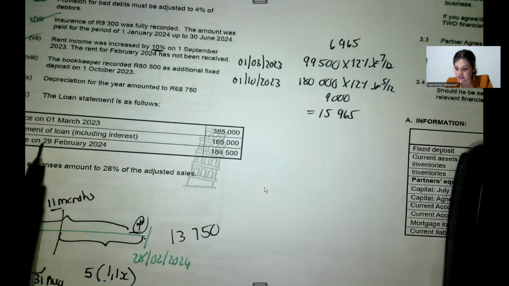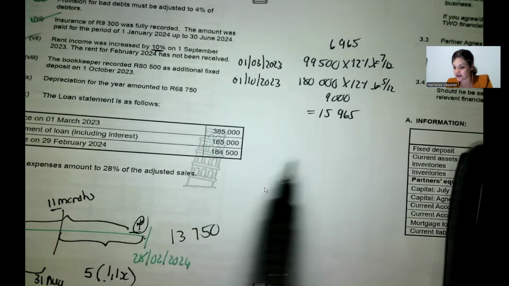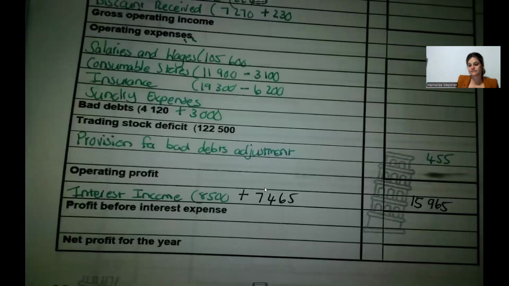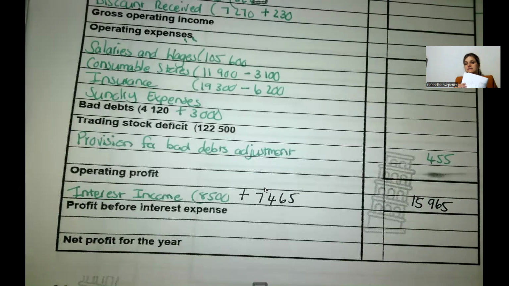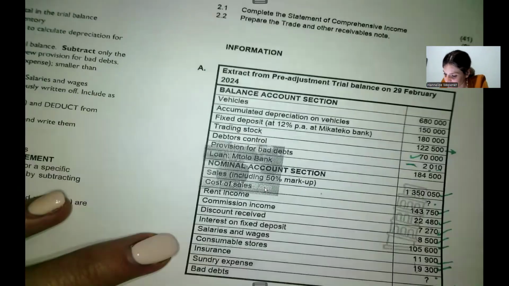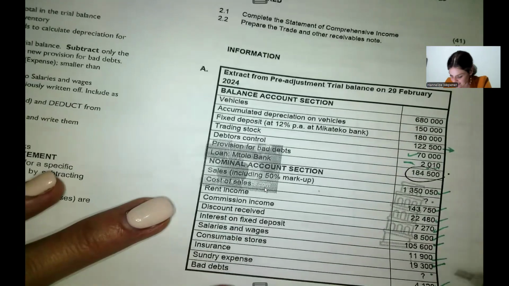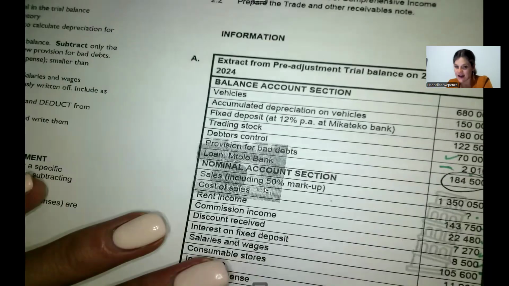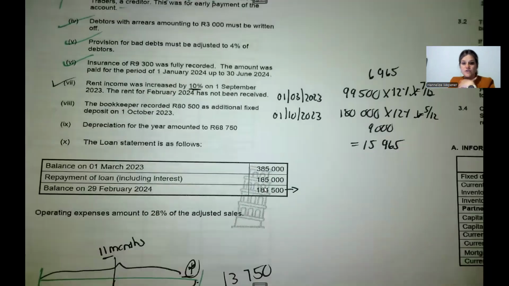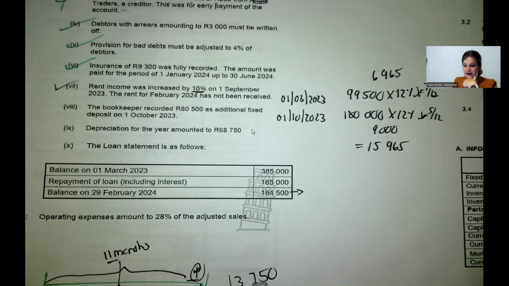But they are saying that your balance at year end is 184,500. So let's look at what the loan statement says here. Just quickly. Front page. Okay. Right. So it says here that your loan balance is 184,500. That is actually exactly the same as what you have here. Okay, so your books agree to what the statement says you have.